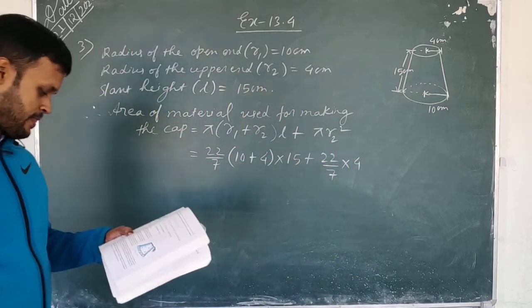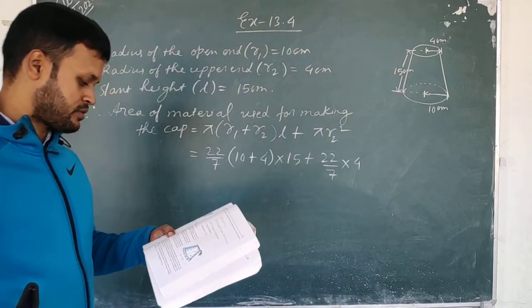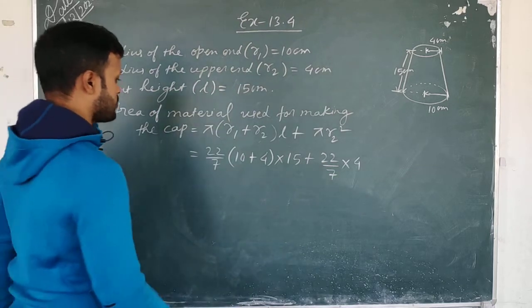Pi we have to take 22 by 7 only because no value is given here. Okay, no problem.